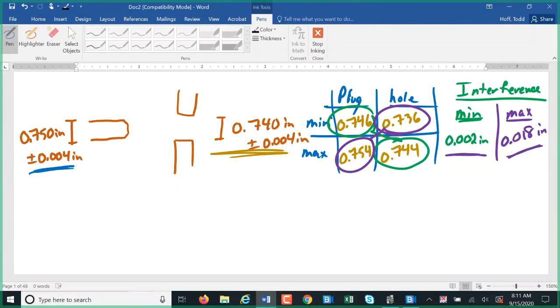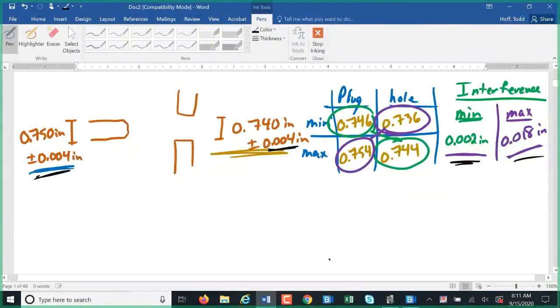They actually purchase 100 of the actual manufacturer's parts, measure them up, and reverse engineer their design drawings off of the actual parts. Well, there's errors in the building of those parts, so there might be errors in their design drawings, or their allowances are going to be slightly larger. And so because of that, their interference fits and clearance fits have a lot more issues because they have higher tolerances. And you can see here, 4 thousandths of an inch seems like a small tolerance, but it can give us a tremendous range in our interference.